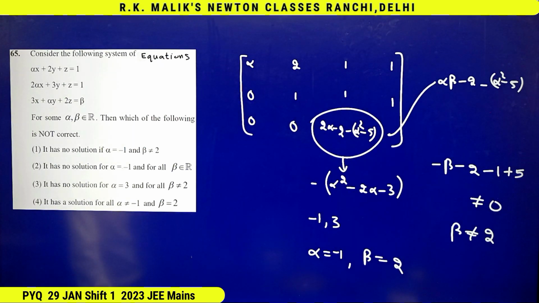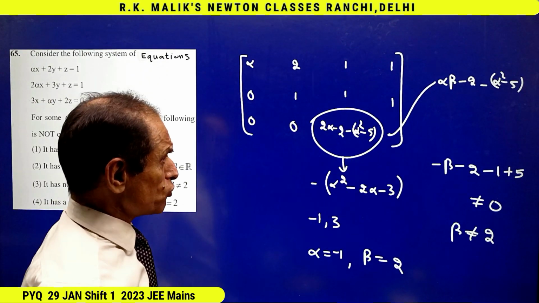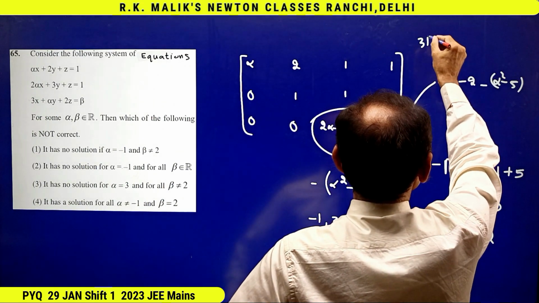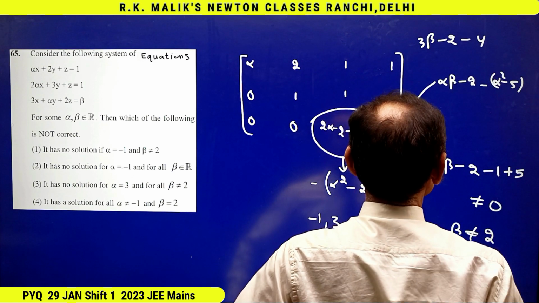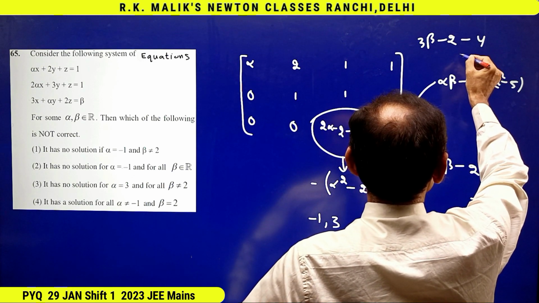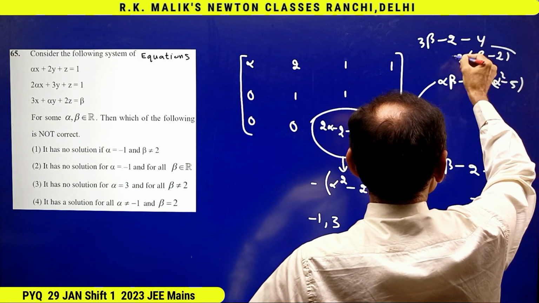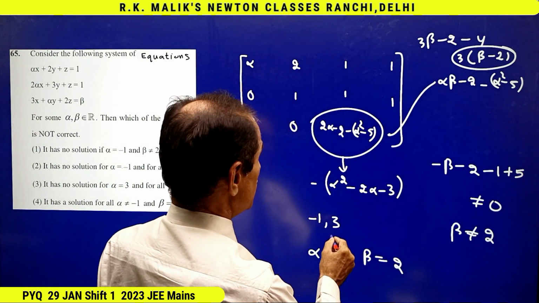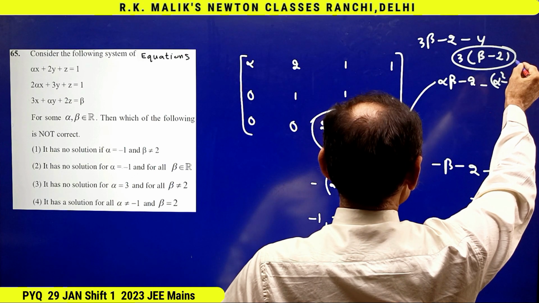Still, for your clarity, I will check the third and fourth also. If alpha is equal to 3, this will become 3 beta minus 2 minus 4, that is, 3 into (beta minus 2). If alpha is 3 and this is non-zero, then no solution.